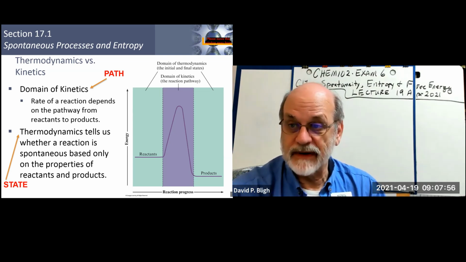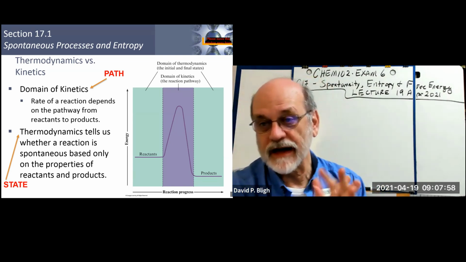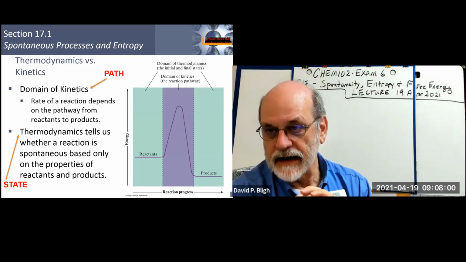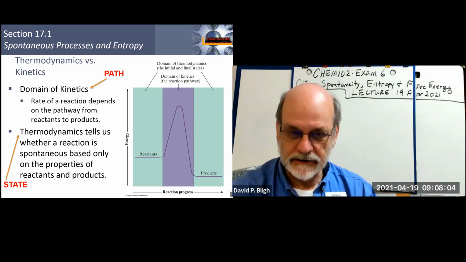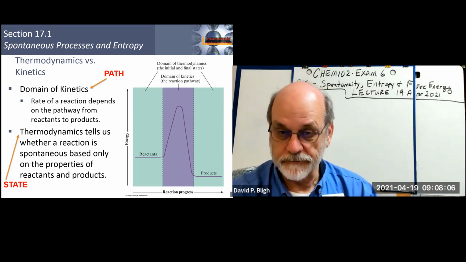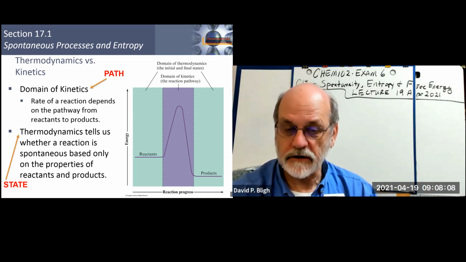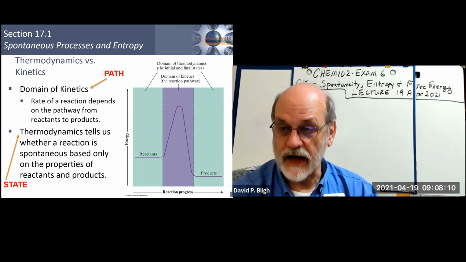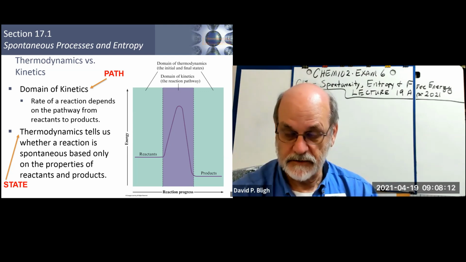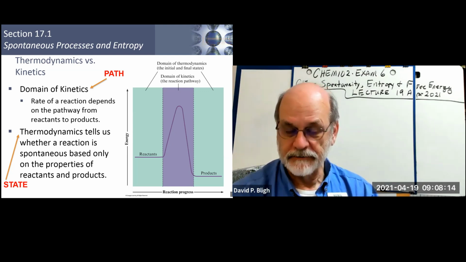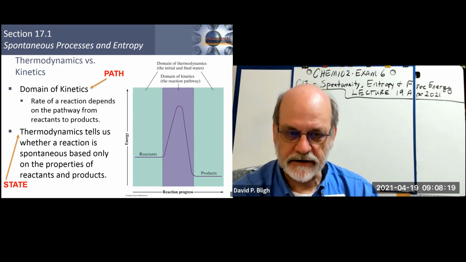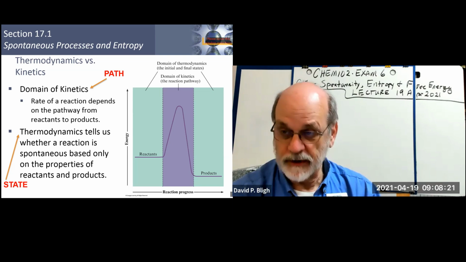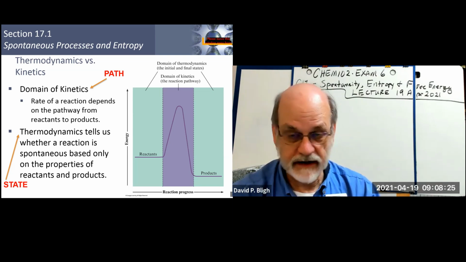For instance, diamond thermodynamically, in an oxidizing atmosphere like the air we breathe, will spontaneously convert to carbon dioxide. It will oxidize. Since diamond is pure carbon, then it would react with oxygen and produce the end product. Thermodynamics says, oh yeah, it'll go spontaneously.